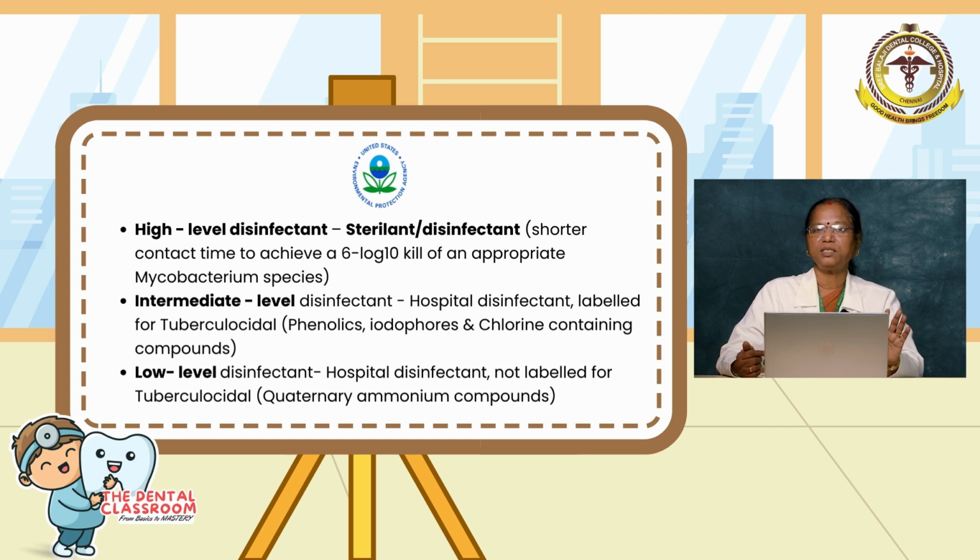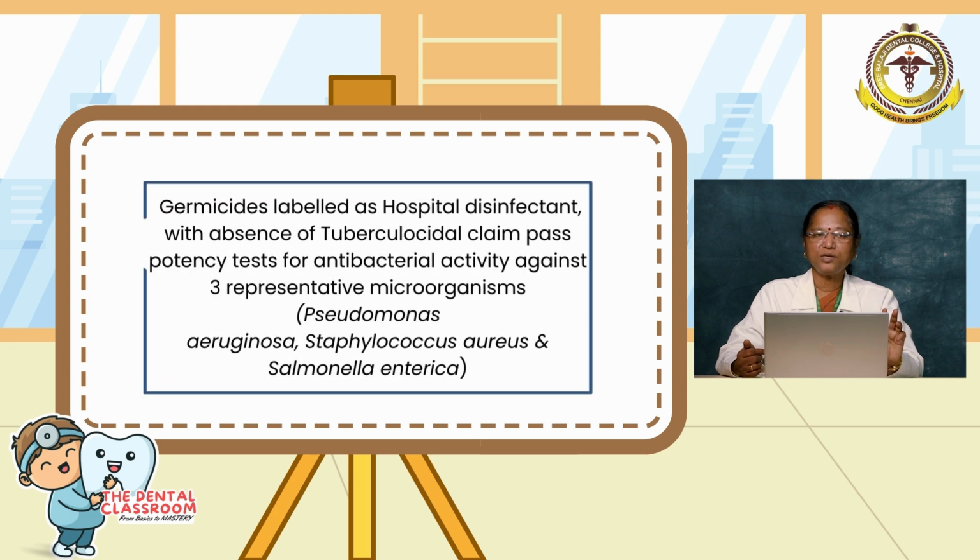Especially the most important ones are Pseudomonas aeruginosa, Staphylococcus aureus and Salmonella enterica. So this low level disinfectant has antibacterial efficacy against these 3 organisms: Pseudomonas aeruginosa, Staphylococcus aureus and Salmonella enterica, and it is labeled as hospital disinfectant and not labeled for tuberculocidal. Examples are quaternary ammonium compounds.